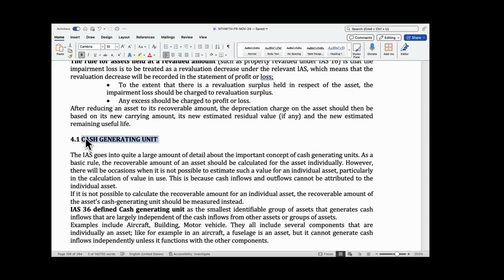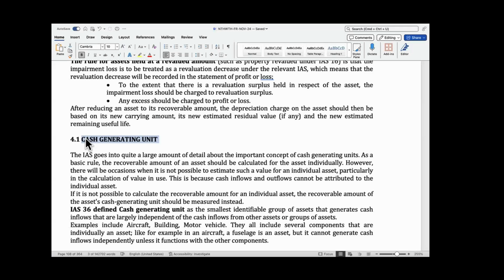Your air conditioner doesn't make money. It just makes the office comfortable. The laptop you use to work only facilitates the work. Your elevator, the furniture, they don't generate money directly. It will be difficult for us to get their value in use.